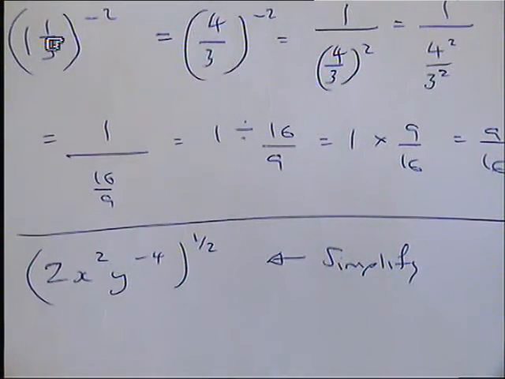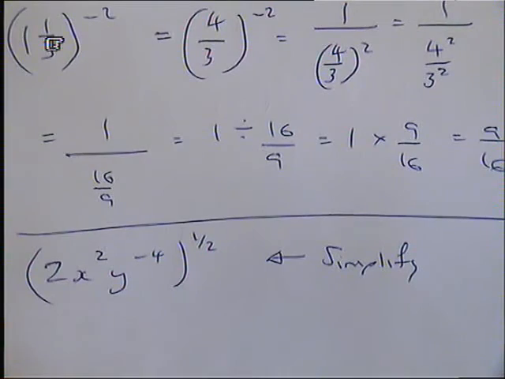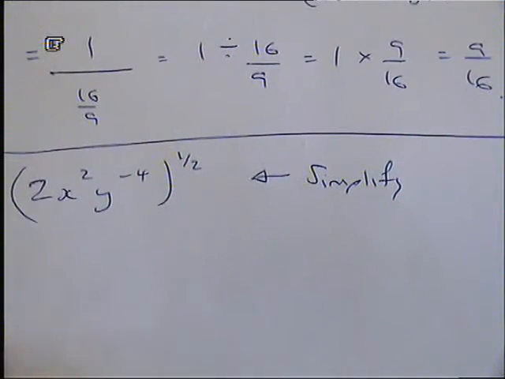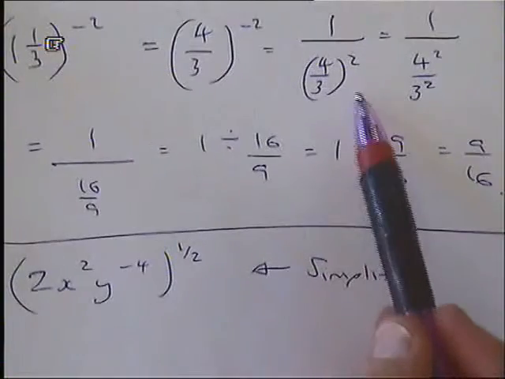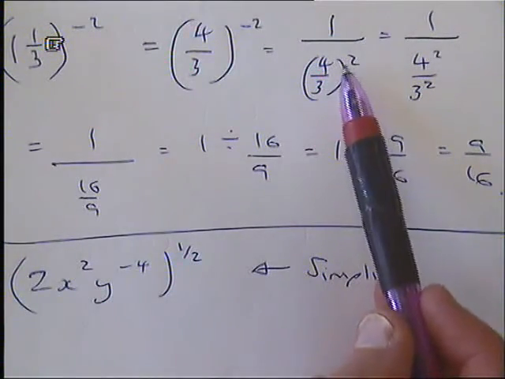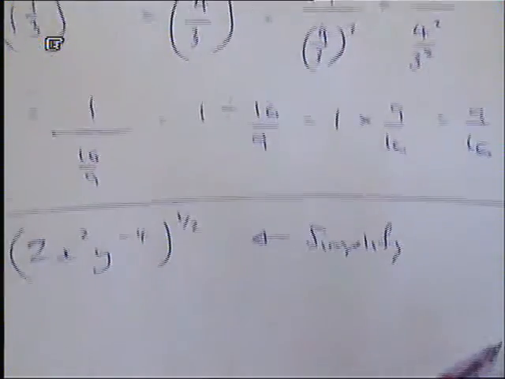So, that says 2x squared y to the minus 4, all to the power of a half, and we are asked to simplify it. Right, so, now, just like before, just like up here actually, where we had a bracket with a power on it, and we said that power applies to each bit in the bracket, we can sort of do that here.